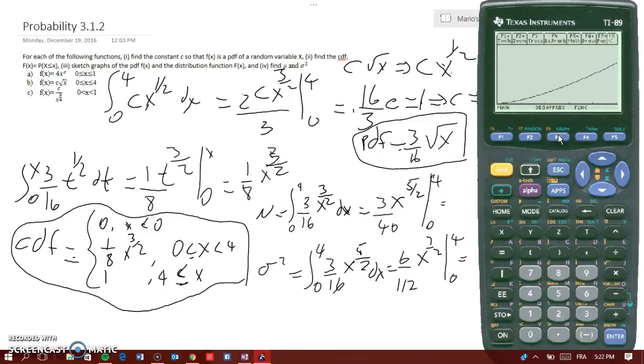So this is actually going up. Now click F5 and click number 7 for integral. Lower limit is 0, enter, and upper limit is 4, enter, and let's see how the graph looks. Here we go.